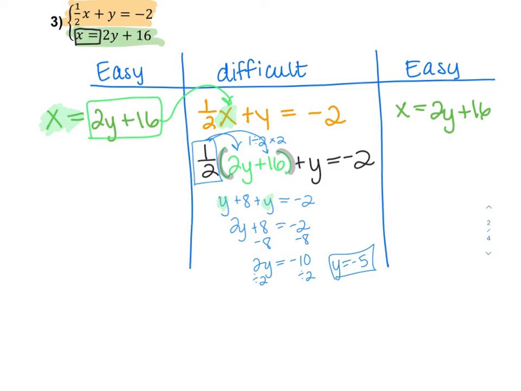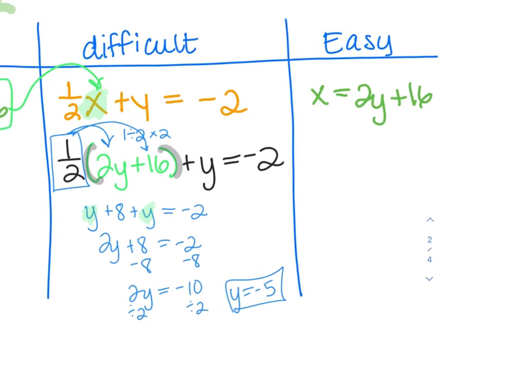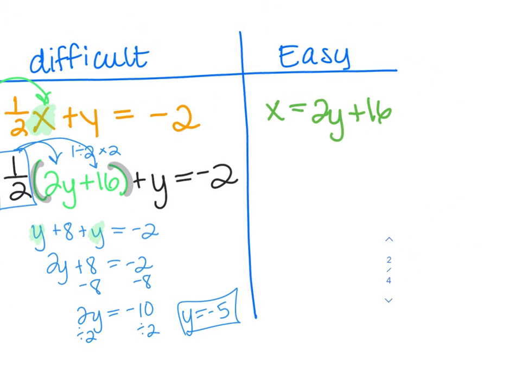Now, that's not done because remember, when we solve a system, we're looking for where the two lines intersect. So that gave us the y value, but we need to find the x value. So we're going to take that y value, and we're going to go back to our easy equation over here and put y as -5.